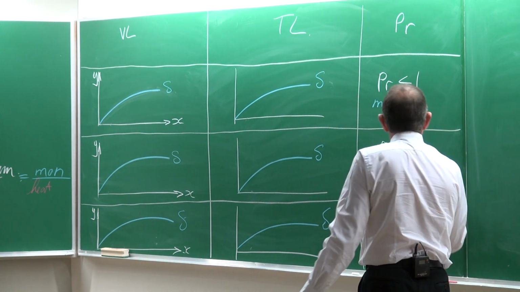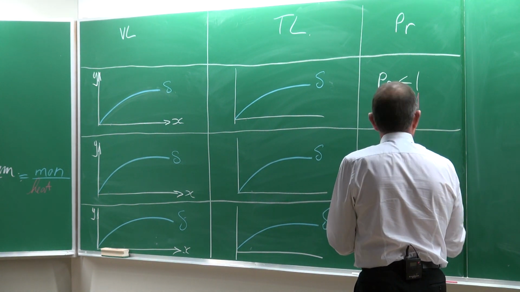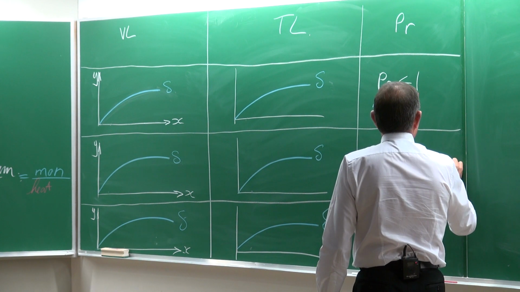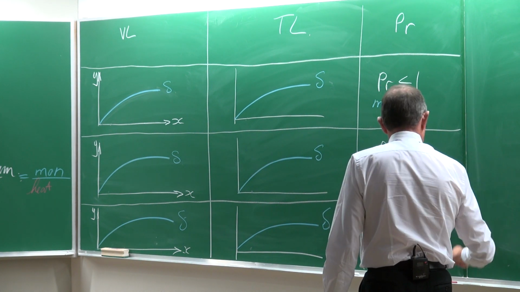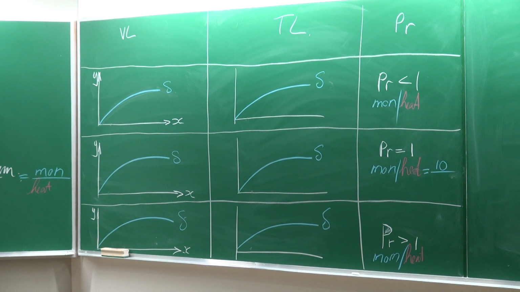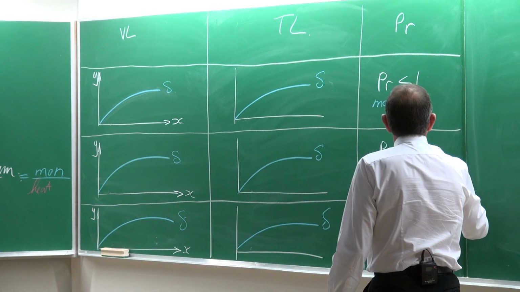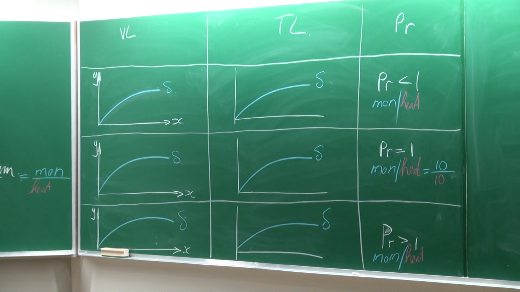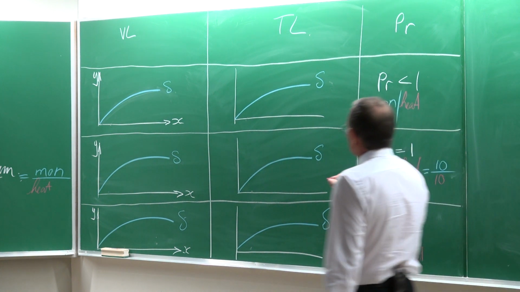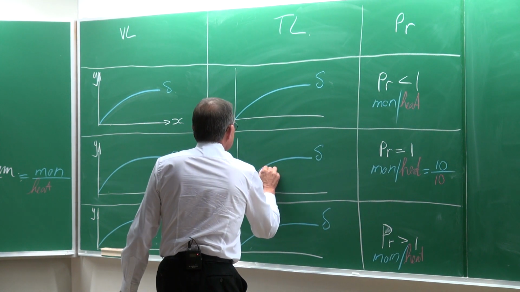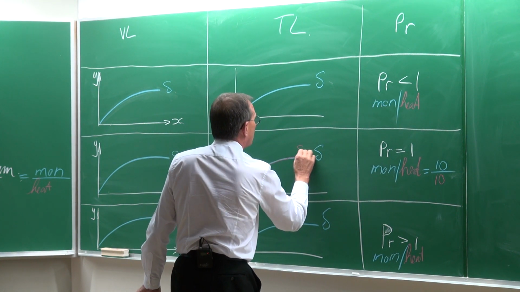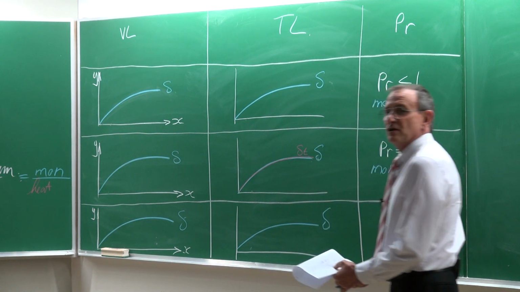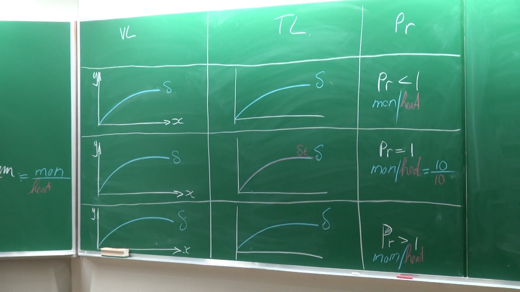Now let's give momentum an arbitrary value. Let's suppose 10. If it has a value of 10, to get the Prandtl number to 1, then that must also be 10. The rate of diffusion of the 2 are the same. So therefore, the 2 boundary layer thicknesses will lie on top of each other. That is a special case of Prandtl number equal to 1.